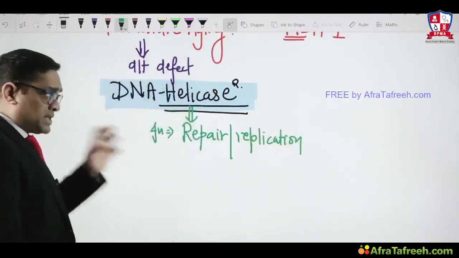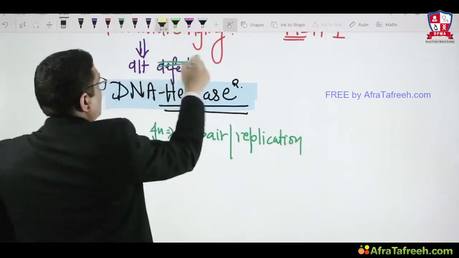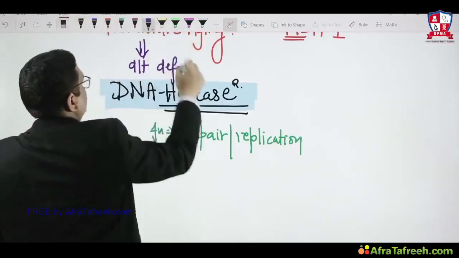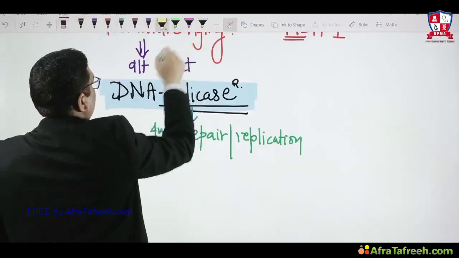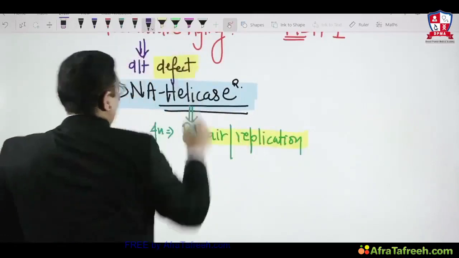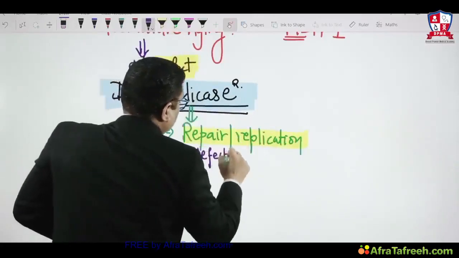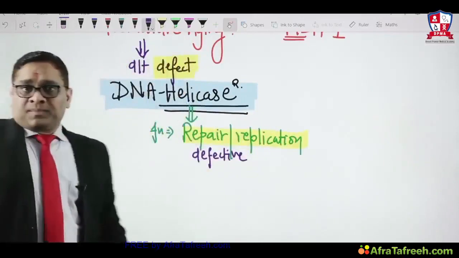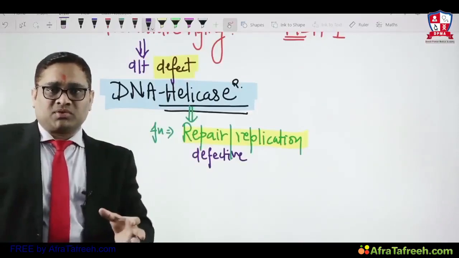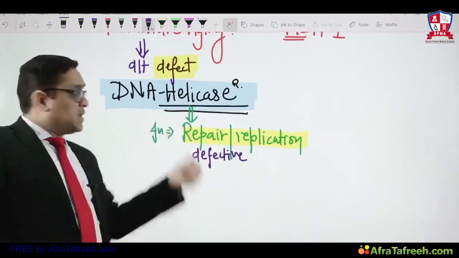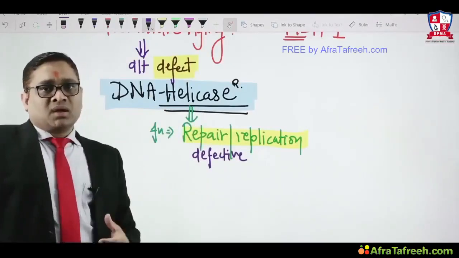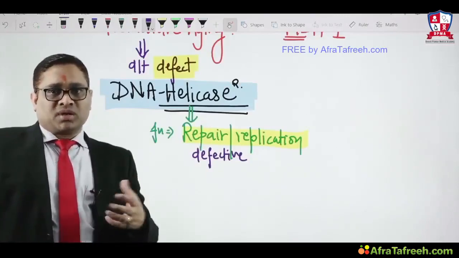So there is a defect in DNA helicase, and because of that, repair and replication will also be defective. This is the pathogenesis of Werner syndrome, which is a premature aging. Because of the defect in DNA helicase, repair and replication will be defective, and this is called Werner syndrome. Premature aging will happen.